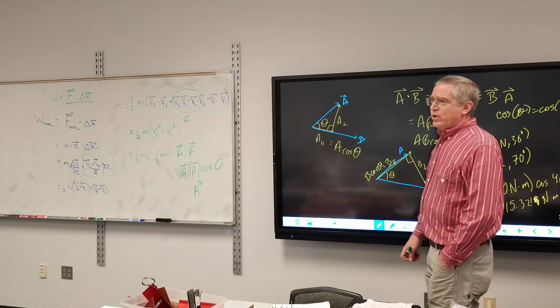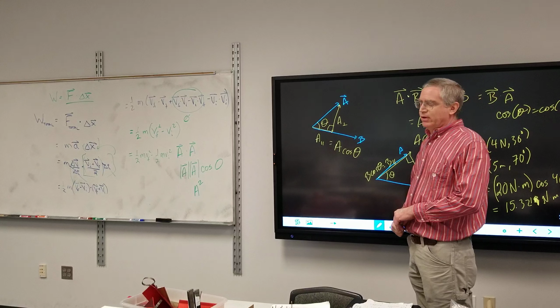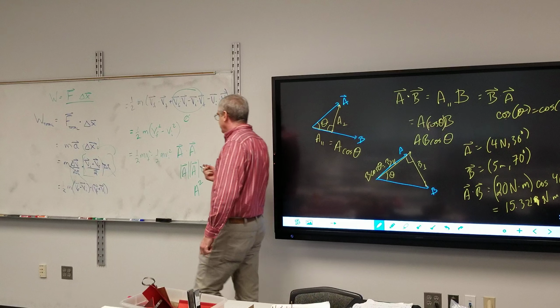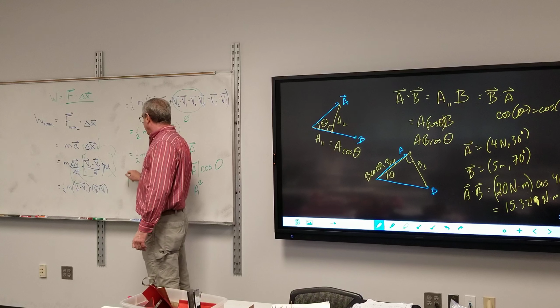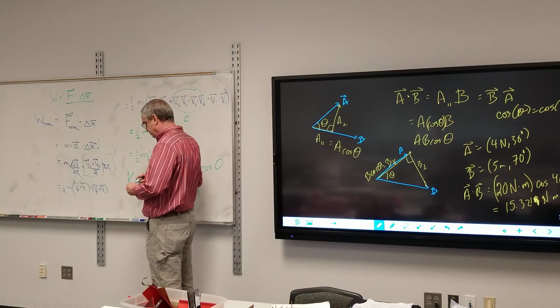Now 1/2 mv squared shows up twice here, so physicists said, you know what? I don't feel like writing that, I'm just gonna come up with a letter to represent 1/2 mv squared. So I'm just gonna let capital K be 1/2 mv squared.